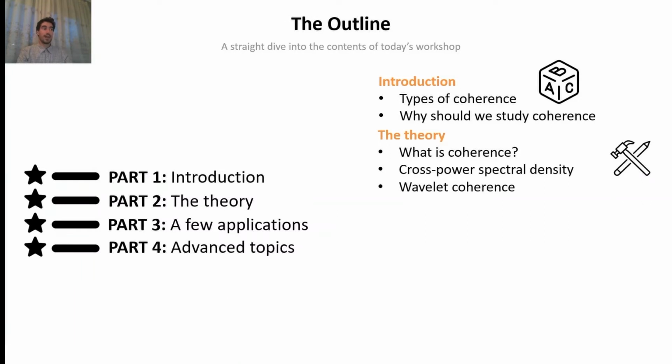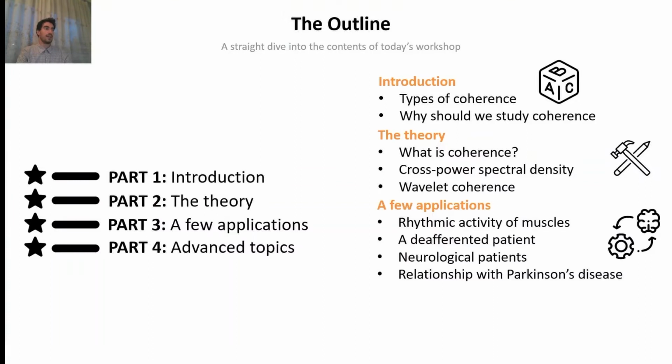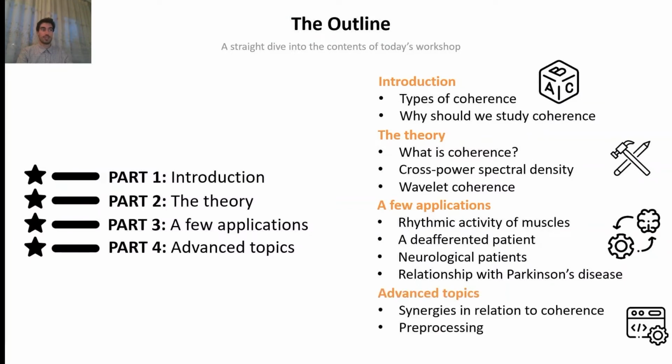The theory behind it, which means what is coherence, how you compute cross-power spectral density and what it is, how you get wavelet coherence, and I collected a few applications to actually get the rhythmic activity of muscles, and applications on a diaphoretic patient, neurological patients, and the relationship with Parkinson's disease.